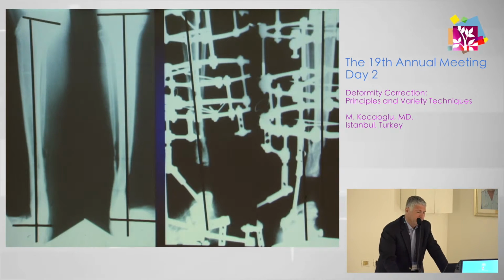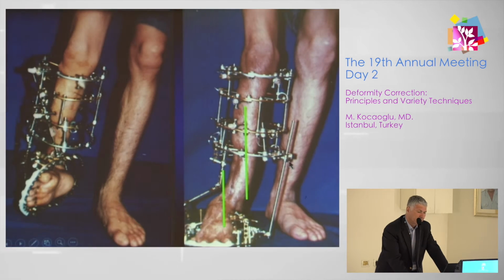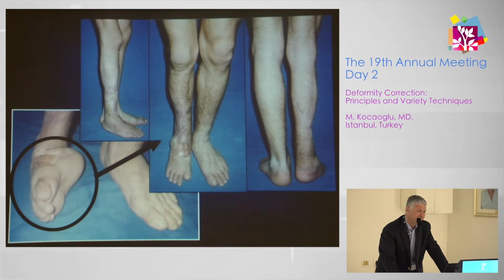And you see, it was already 90 degrees between the foot and the tibia. It was corrected gradually, with lengthening. And this is the final result with the external fixator.